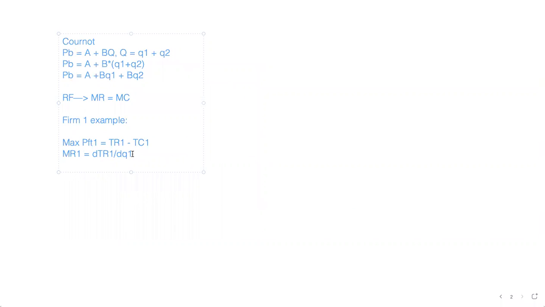So now we have this general expression, and I'll just put some dots there and move it over. So the total revenue of firm 1 is going to be equal to the price that firm 1 charges for its product times the quantity that firm 1 produces.